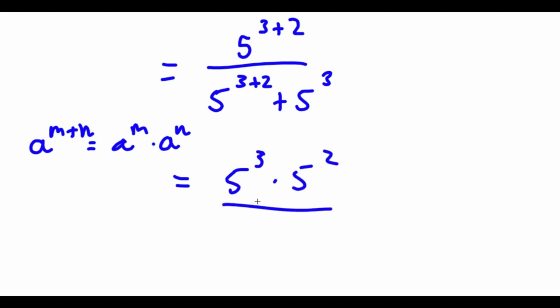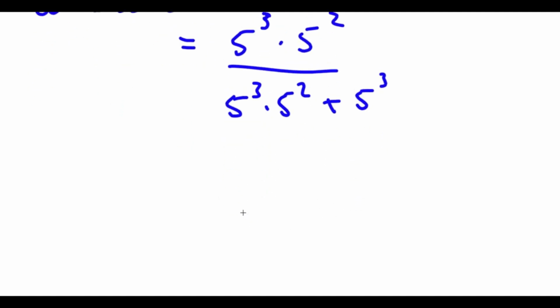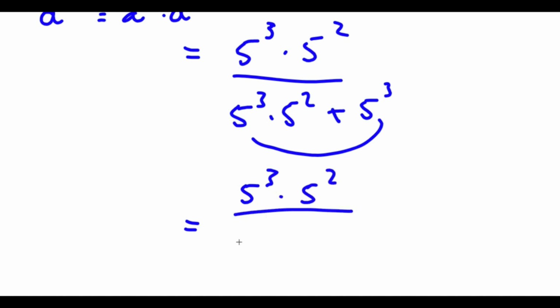Now I have this over 5 to the power of 3 times 5 to the power of 2 again, and plus 5 to the power of 3. Now, for our denominator, because both terms here have 5 to the power of 3 in them, I'm going to factor out 5 to the power of 3. So now I have 5 to the power of 3 times 5 to the power of 2 plus 1.